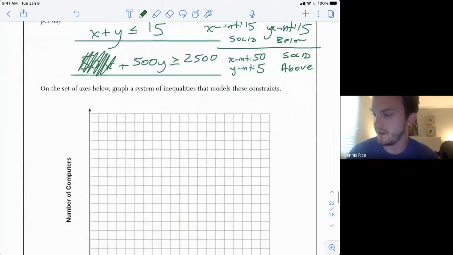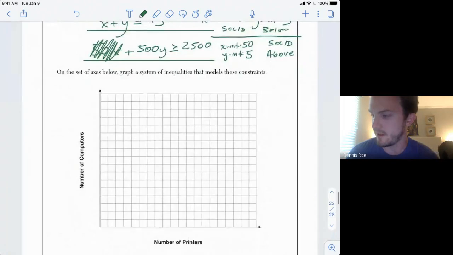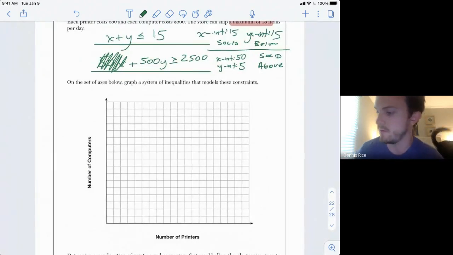Okay, so let's see. It's kind of a weird scale. I have to be able to get up to 50, but also some low numbers here. I'll go every other one is 5, so it's not super spaced out. If I go by 5s, then my y-intercept is going to be like the first box. So let's try to space it out a little bit. Every other is 5 should work.